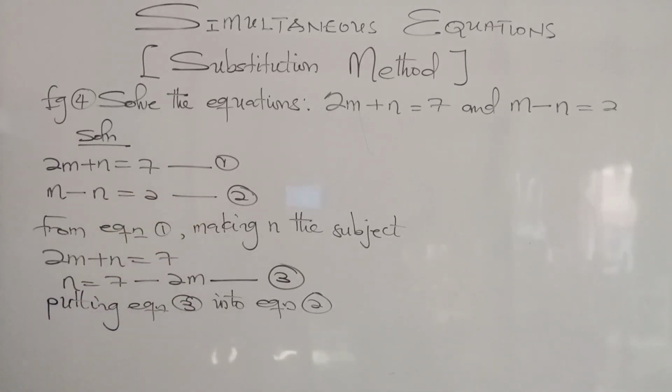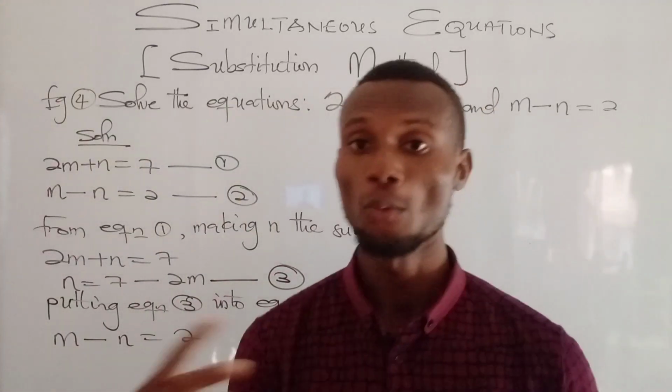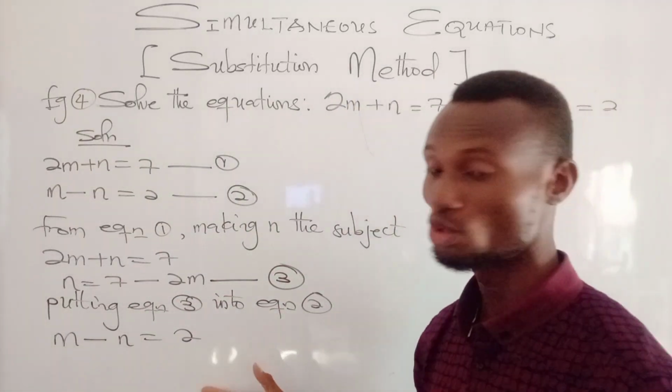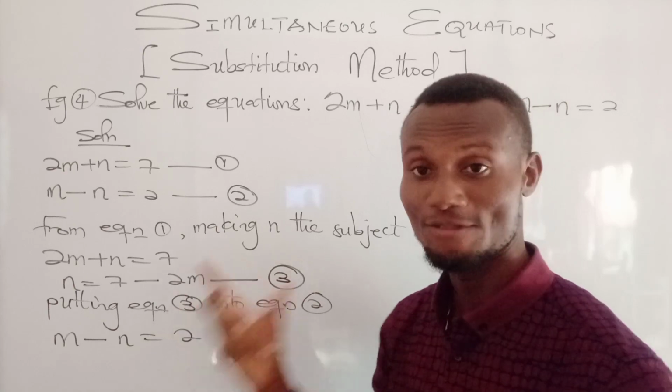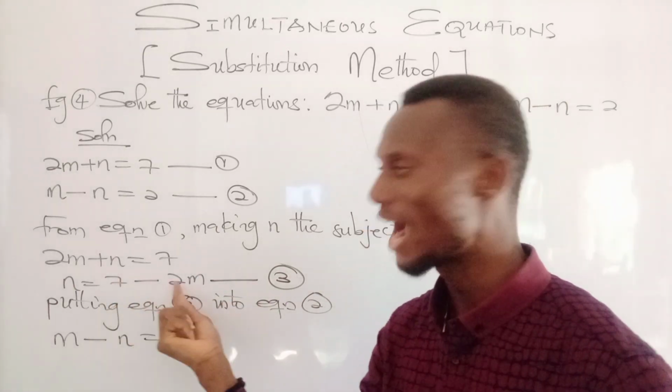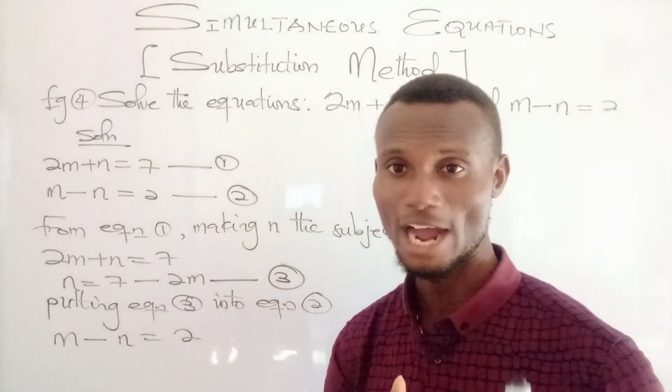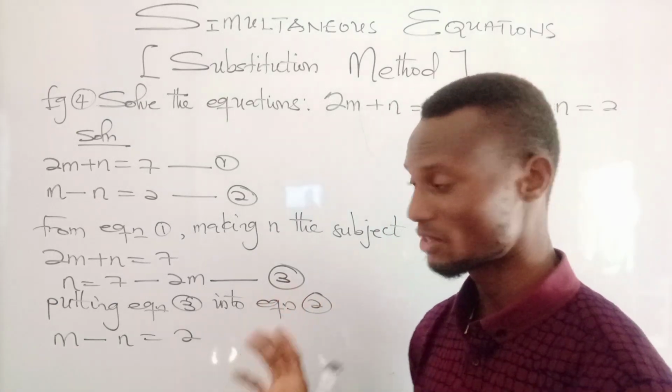Equation 2 is given to be m minus n equals 2. So wherever we see n in equation 2, we put the value of n there, which is 7 minus 2m. I hope you understand and you agree with me up to this point.